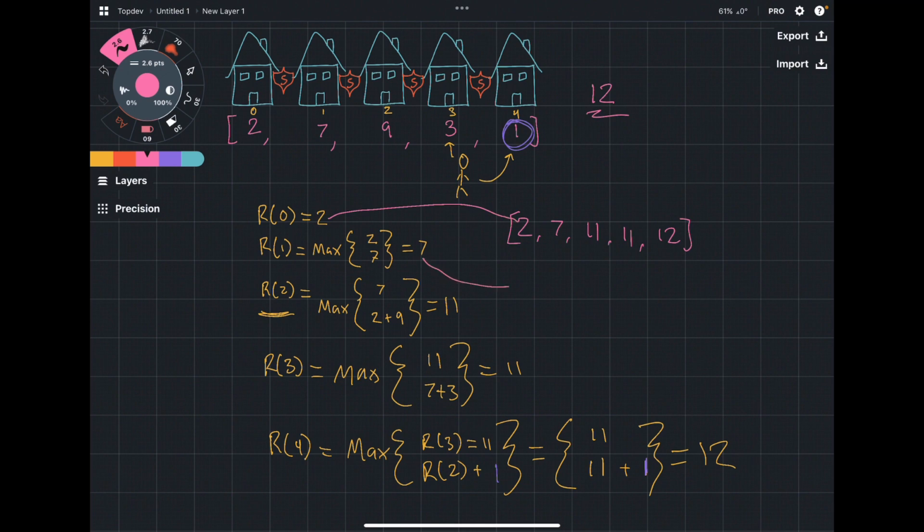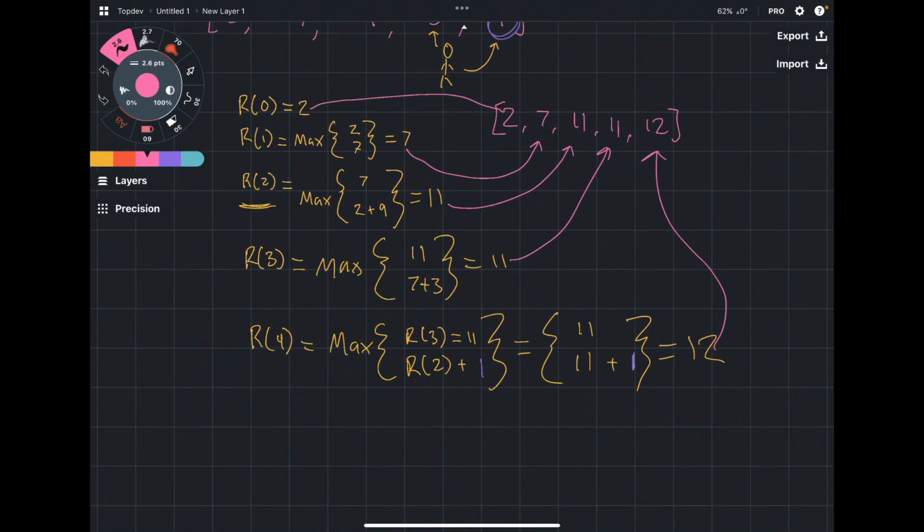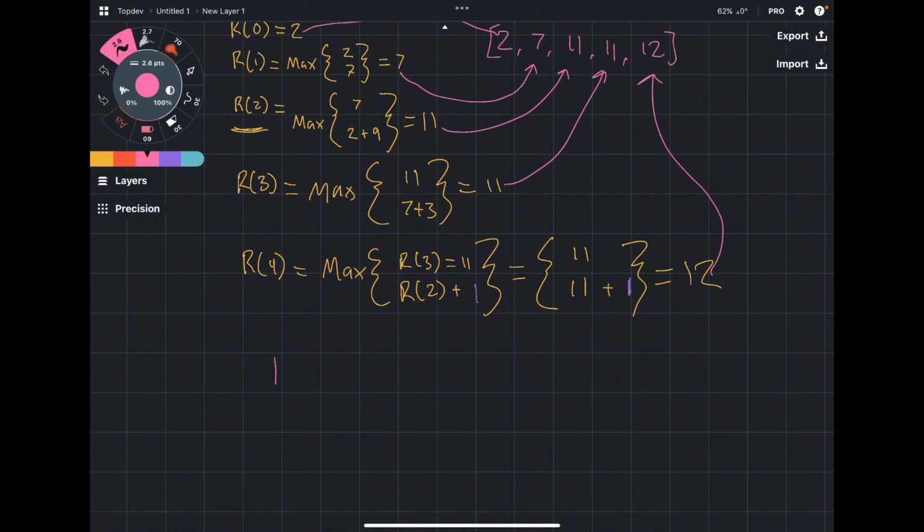The 7 is going to be there. The 11 is going to be there, and the 12 will be there. So if we understand that we were calculating a bit of a formula as we went down this line, what would our formula at R of I be?